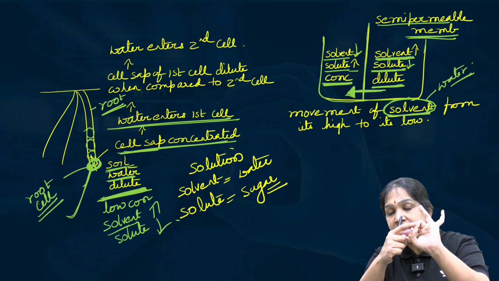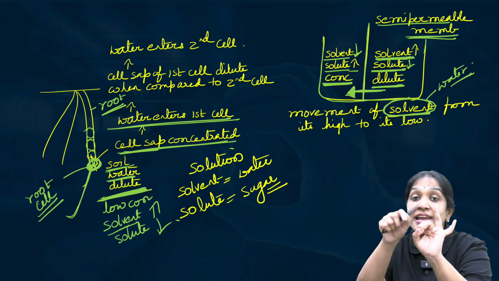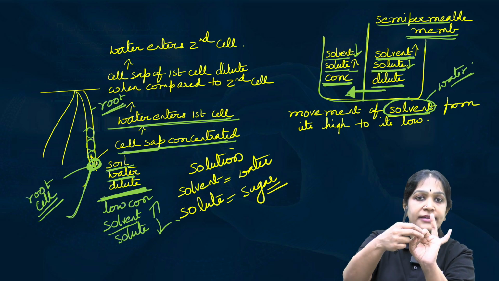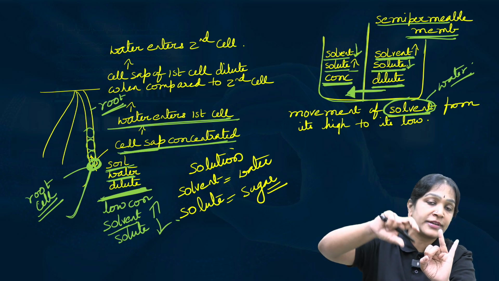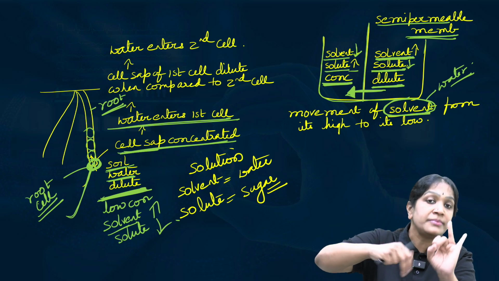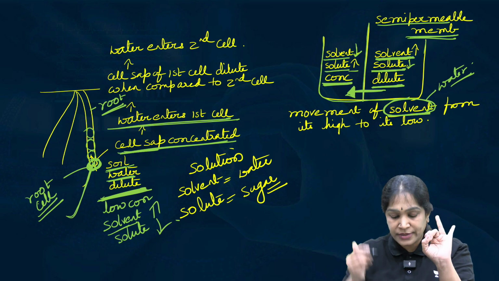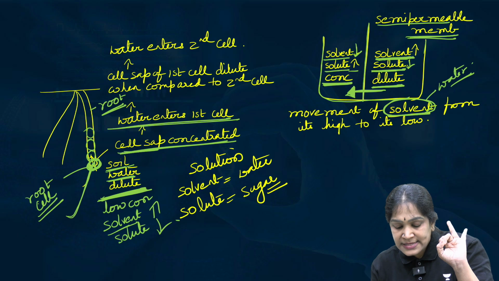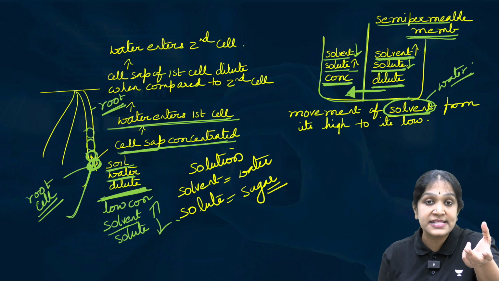Now, water entered into the first cell. So the cell sap, the cytoplasm in the first cell, became dilute because water entered into it. For example, if you have sugar solution and pour more water into it, it will become diluted. So the second cell will have more concentrated cell sap.